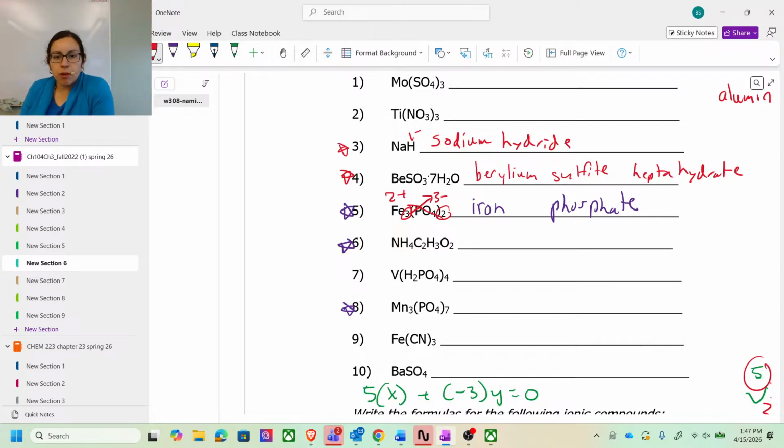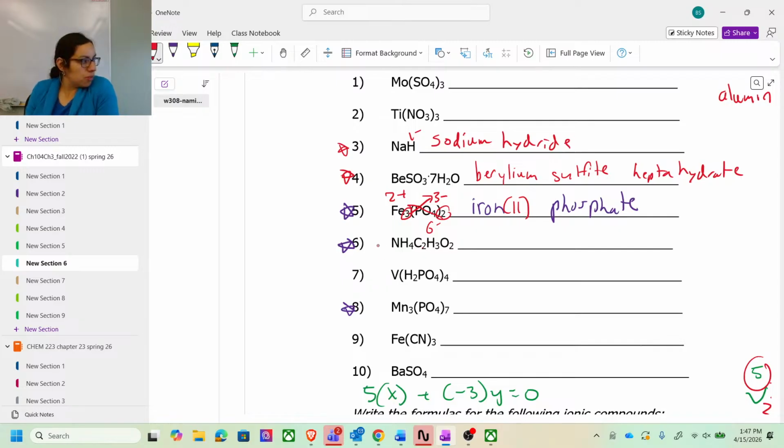But in this case, it works out. So phosphate is -3. Just double check yourself: -3 times 2 gives me -6. So then reversing out, what does iron have to be? You guys whispered it: 2. So iron 2, phosphate there.